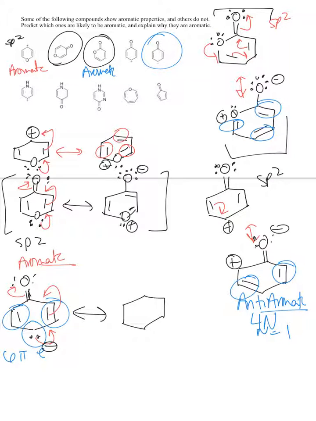Rather than have the negative on the carbon, we have the negative on the oxygen, and this is a phenoxide. This is definitely aromatic. There would be the resonance structure there. So that one's aromatic.